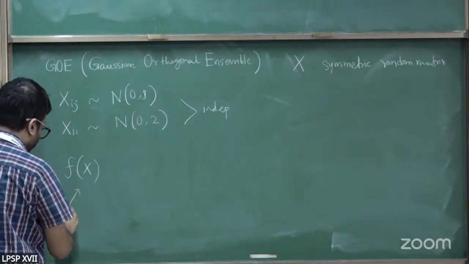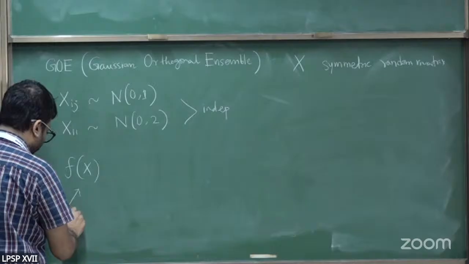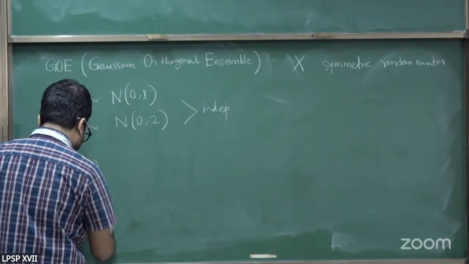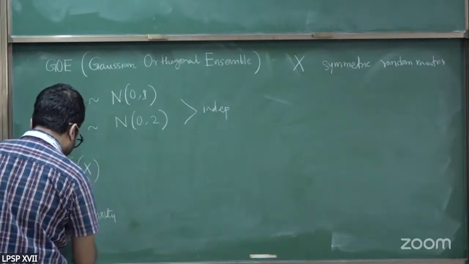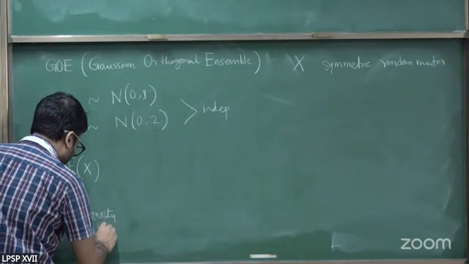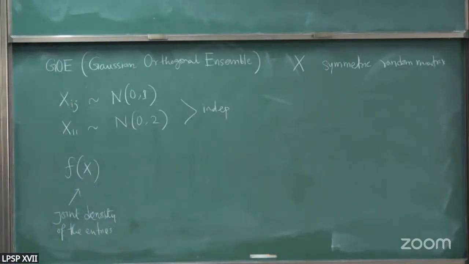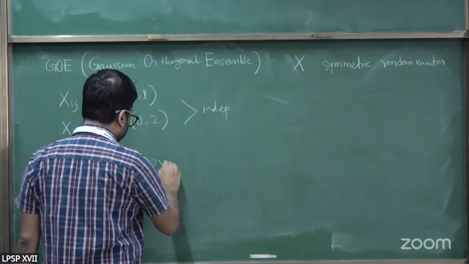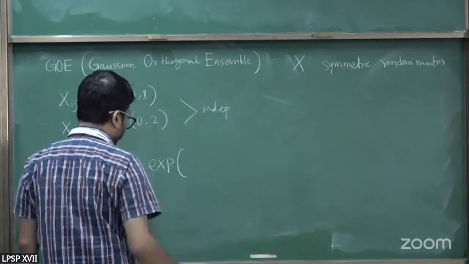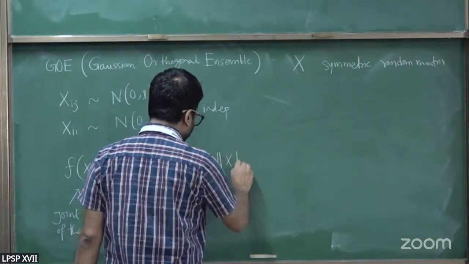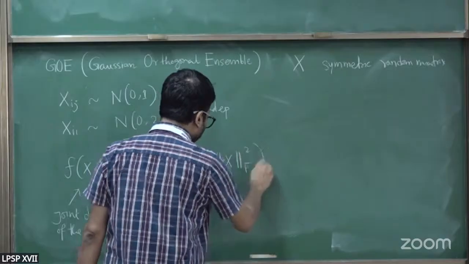This is proportional to the Frobenius norm squared.